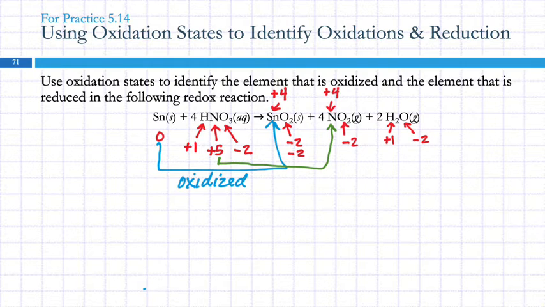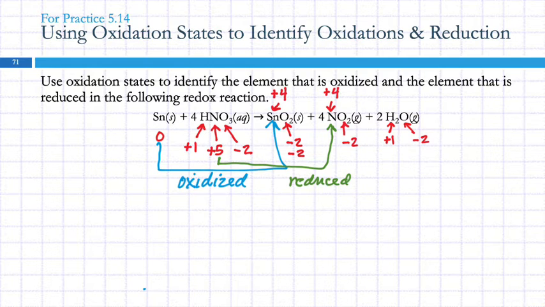Is that going up or down? Down. So the nitrogen is being reduced. What about the oxygen? It's -2 here. Oh, I forgot to erase that one. -2, -2, -2, it's staying the same everywhere.